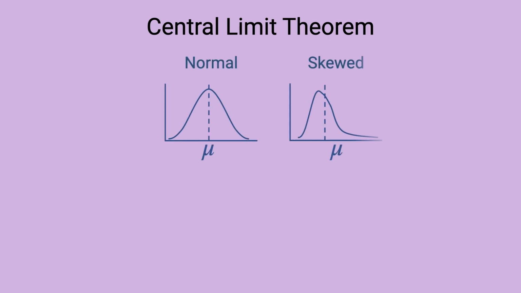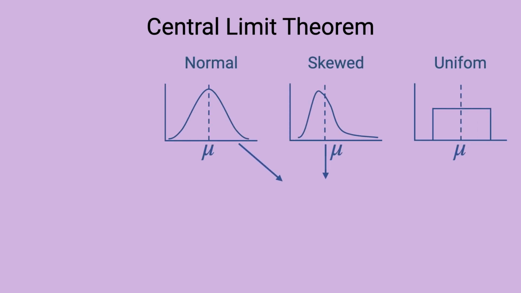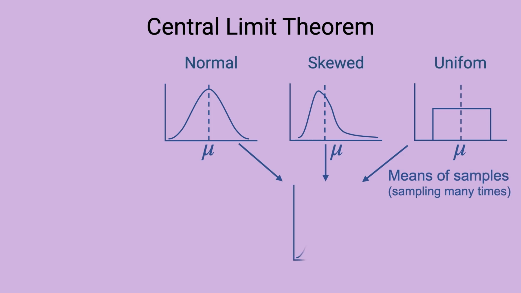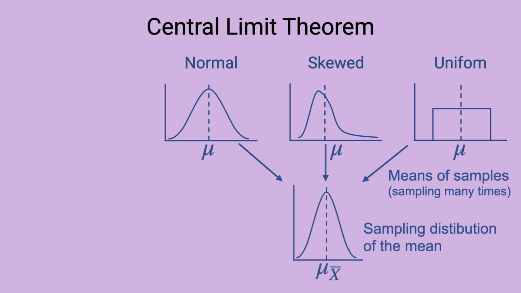It is based on the central limit theorem, and this is based on the normal distribution. The central limit theorem says that, regardless of whether the population has a normal, skewed, uniform, or any other distributions, the sampling distribution of the mean will always be normally distributed, as long as the sample size is large enough.